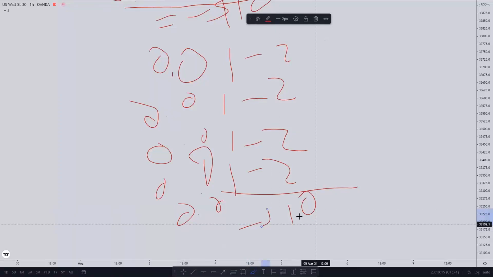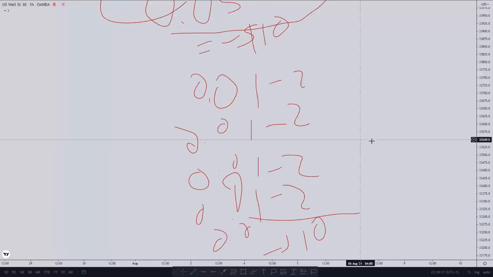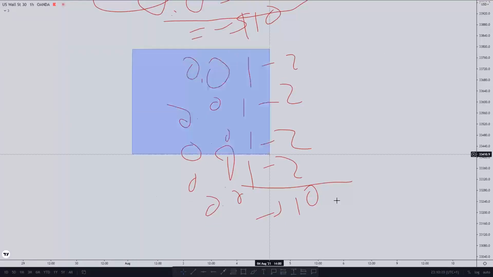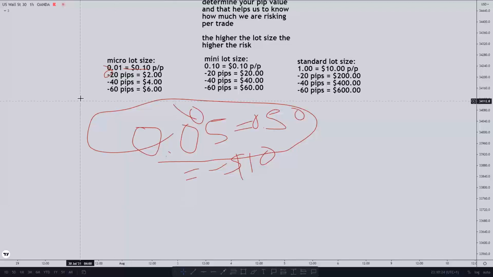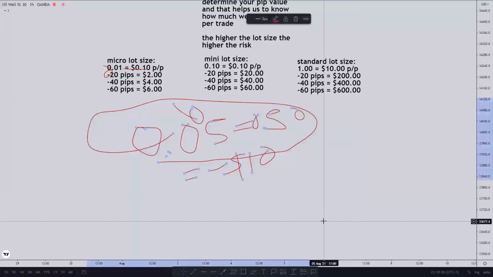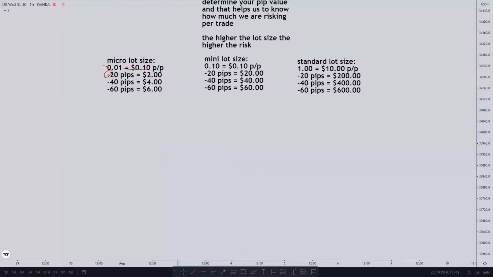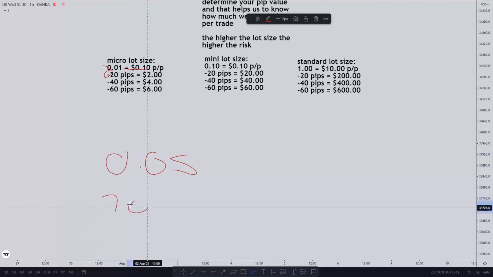Can you see? So instead of opening a lot of positions, you can just use one lot size. Instead of opening 5 positions, you can just use a 0.5 micro lot with a 20 pip stop loss, which equals minus $10, keeping it simple.